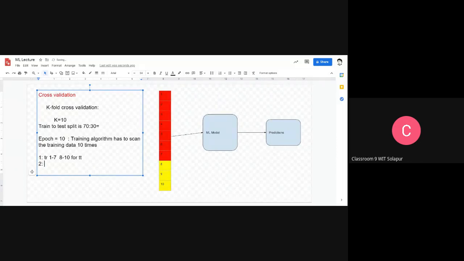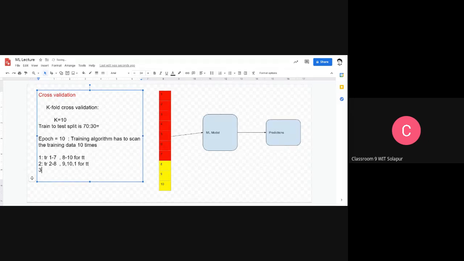During epoch 2, it uses parts 2 to 8 for training, and for testing, can you guess which parts it will use? It will use the 9th part, the 10th part, and 1 for testing.